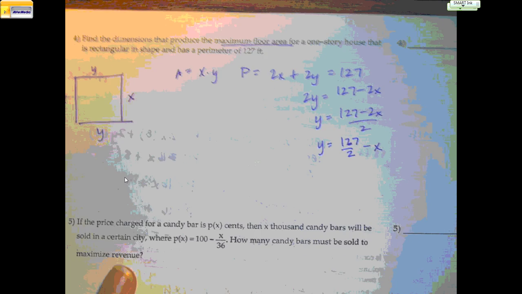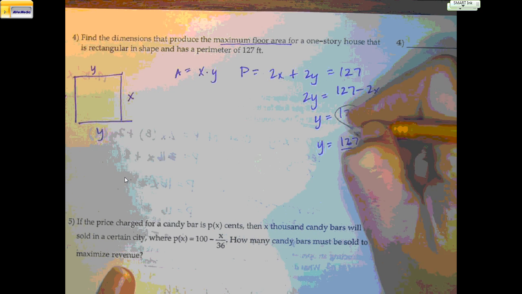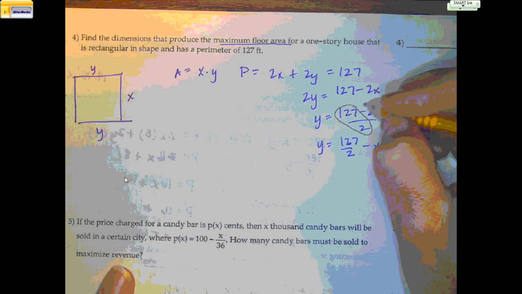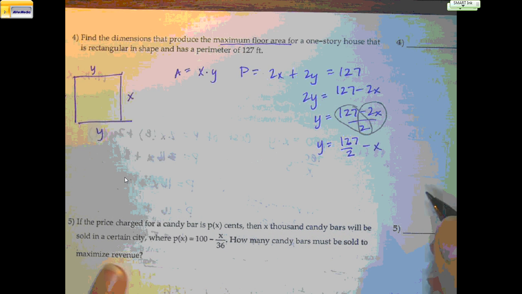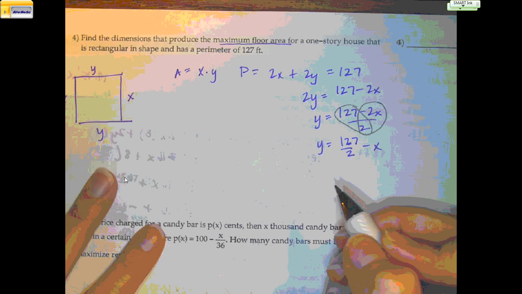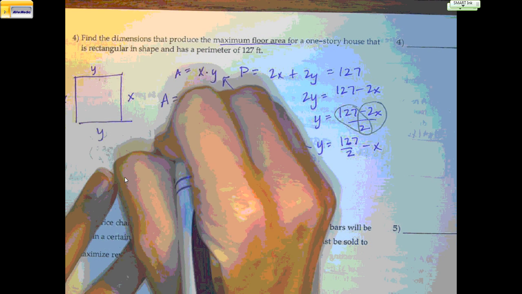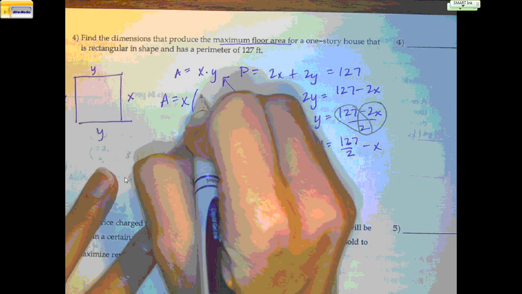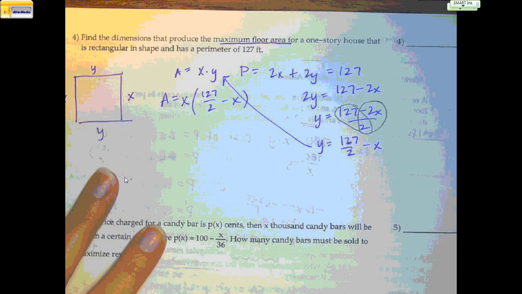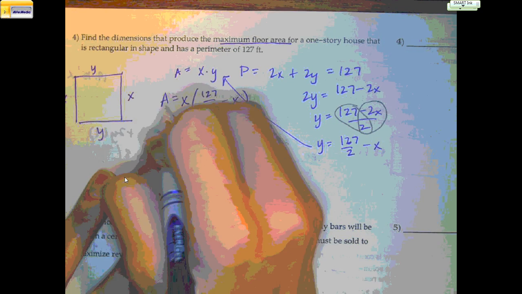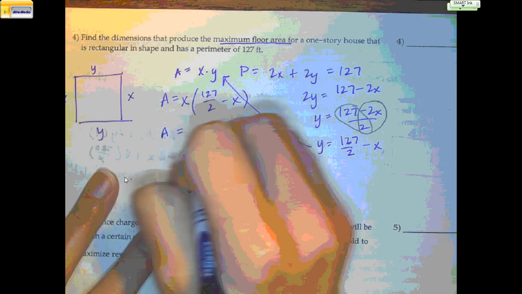Do you guys see what just happened? I took 127 over 2 and negative 2x over 2 to get 127 over 2 minus x. And I'm going to take that and plug it into this equation, so that I have area equals x times 127 halves minus x. I'm going to distribute my x to make the derivative a little bit easier to find.